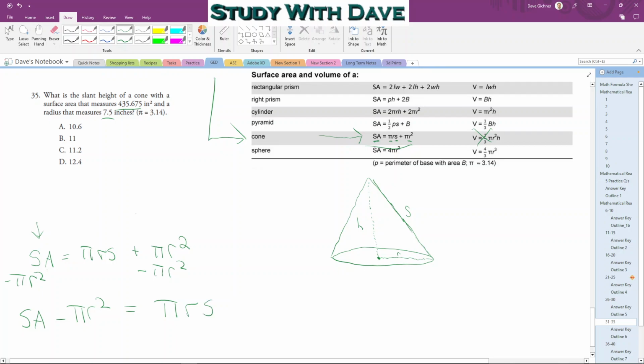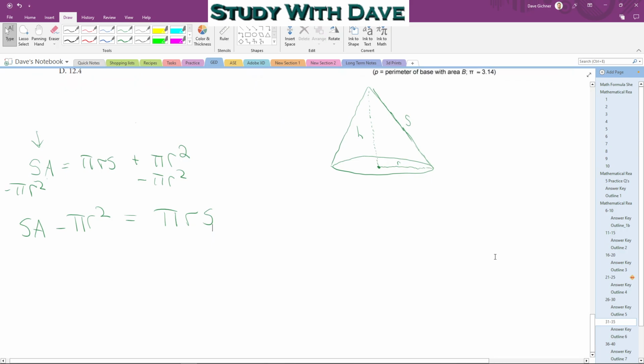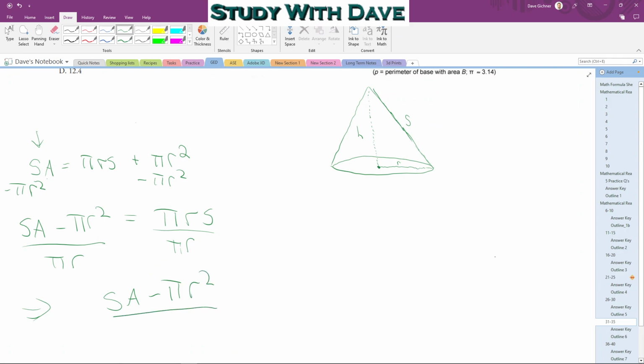And if we take this down a little bit, right now we're going to divide everything by pi r to get S by itself. So that's going to be equal to SA minus pi r squared over pi r equals S. Well, let's just go ahead and keep this going and plug in everything.